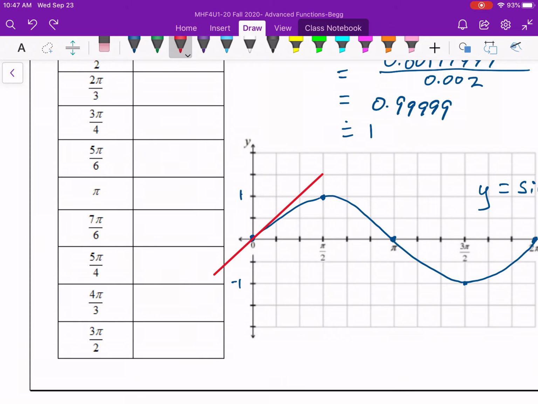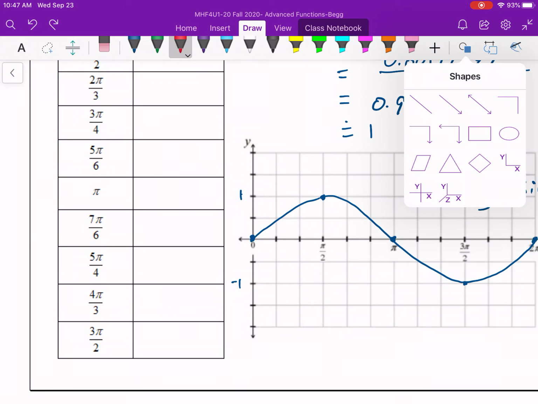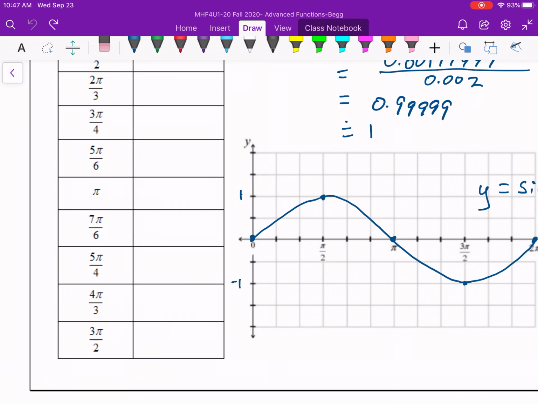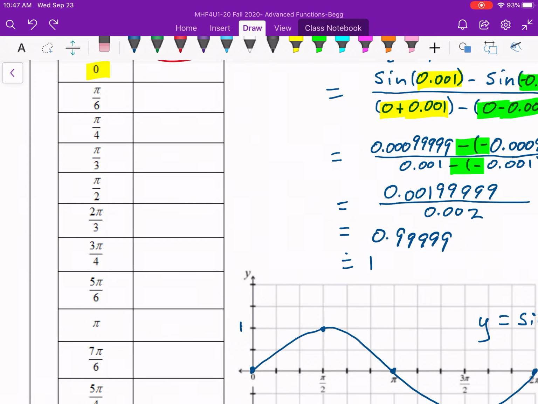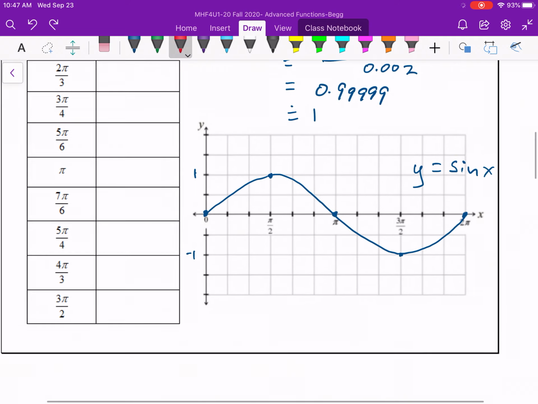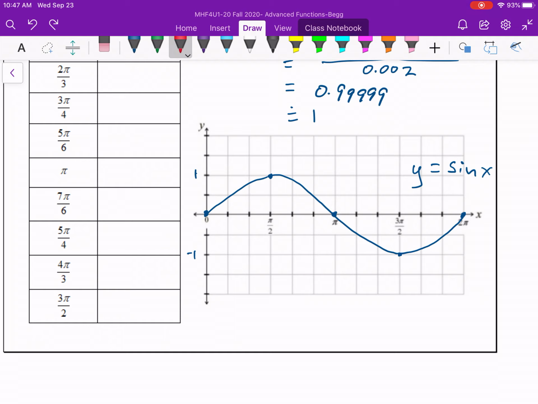So just to make things a bit more accurate looking, let me redo that considering the appropriate value. Pi over 2 was actually about 1.5, which means that 1 would be around the same area. All right, I'll stick with that. That would still be approximately a slope of 1. So that's a tangent line there.